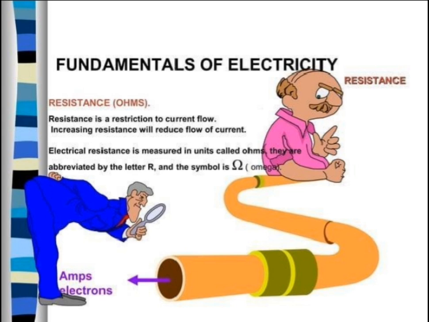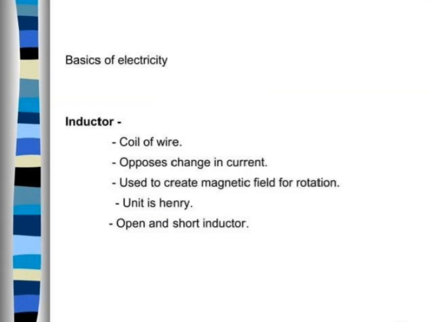Next one is the inductor. So when we say inductor, it is coiled of wire, opposite change in current, and it is used to create magnetic field for rotation. And the unit for inductor is Henry, and it is used in either open or short circuit.